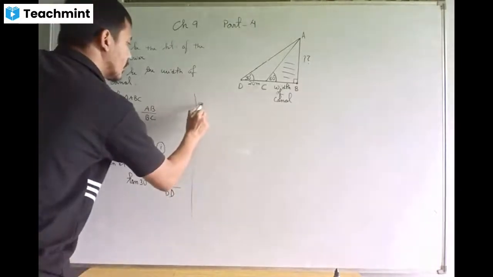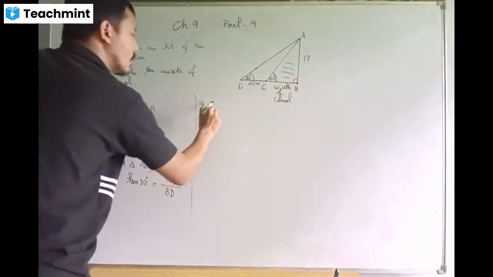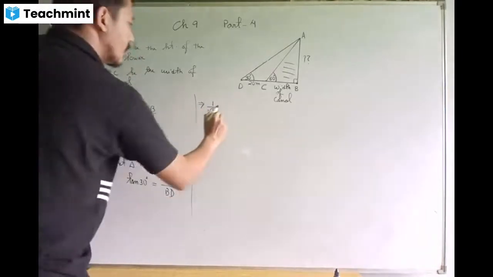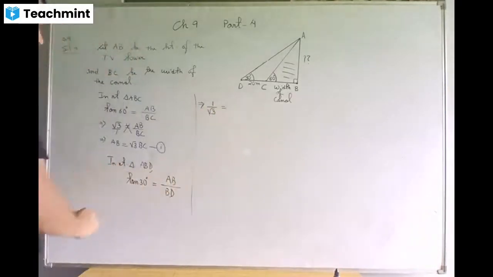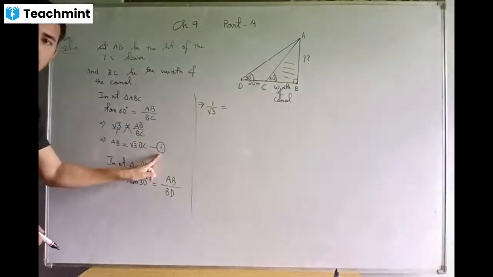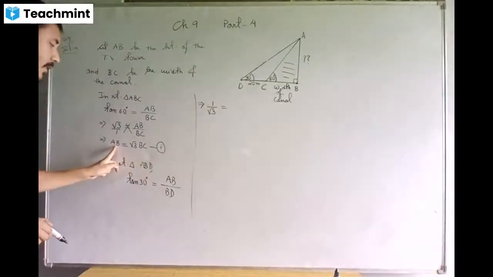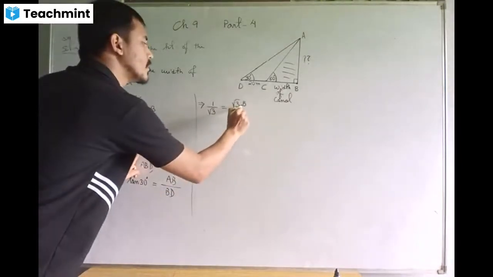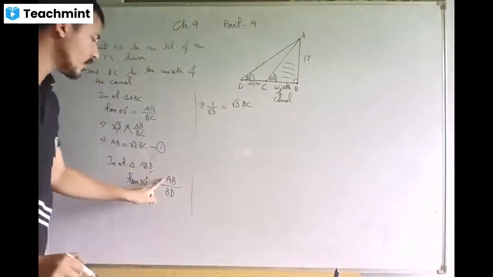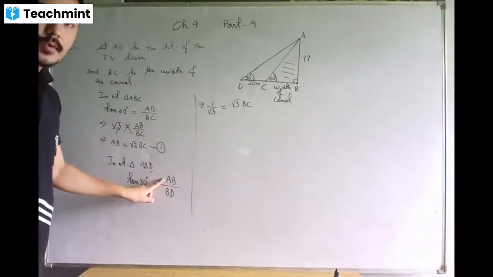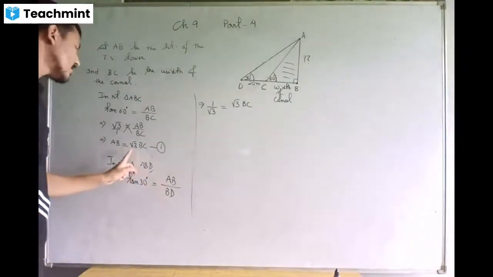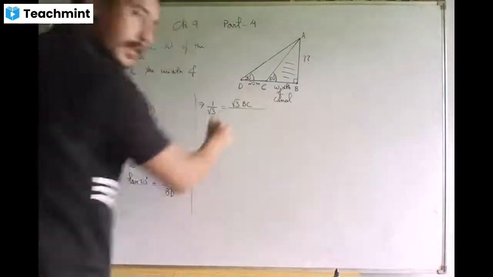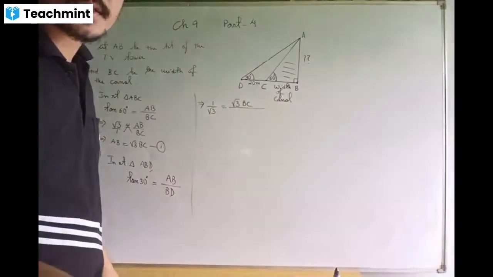Now, tan 30 degrees is 1 upon square root of 3. This is equal to AB. See, in equation 1, we have determined AB as root 3 times BC. That means I'm using equation 1 over here. Equation 1 says AB is square root of 3 times BC, upon BD, we can express it.